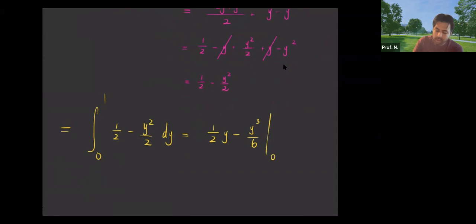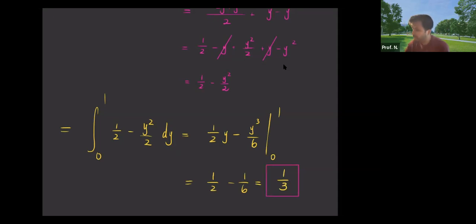And I'm evaluating this from 0 to 1. And when I plug in 1 for y, I get 1/2 minus 1/6. And 1/2 minus 1/6 is 1/3. Make sense, guys?